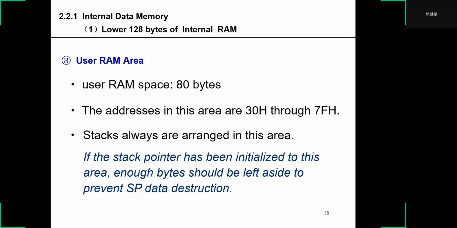Next, I introduce the user RAM area. In the user RAM area, there are 80 bytes. The addresses in this area are 30H through 7FH. The stack is always arranged in this area.